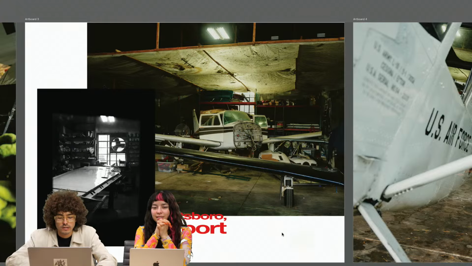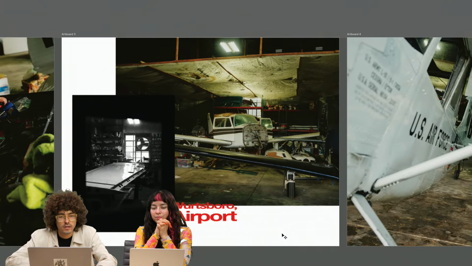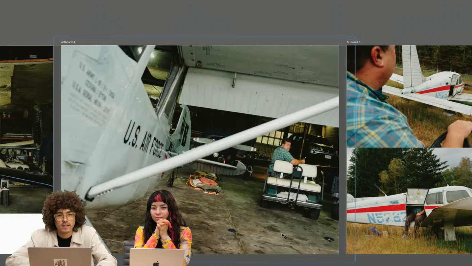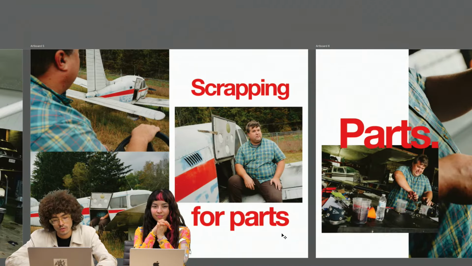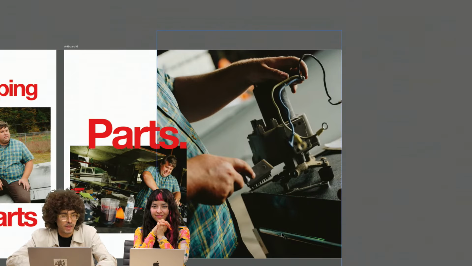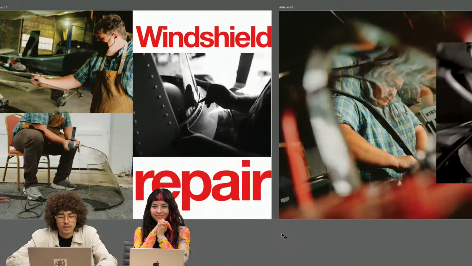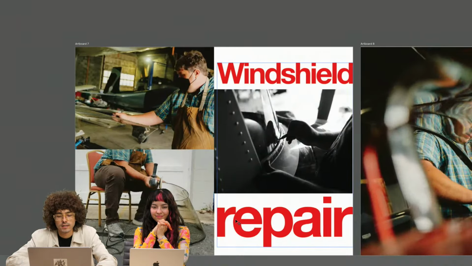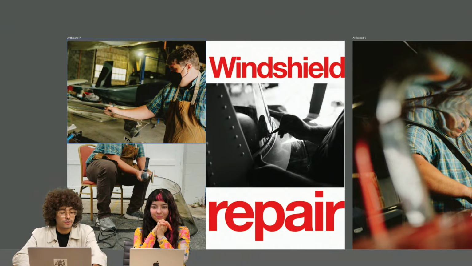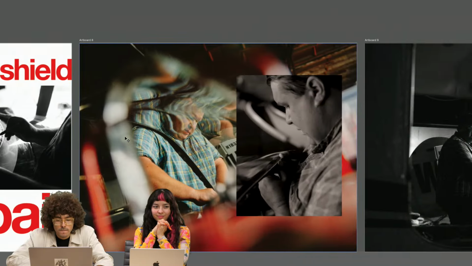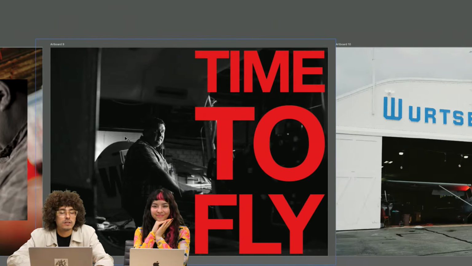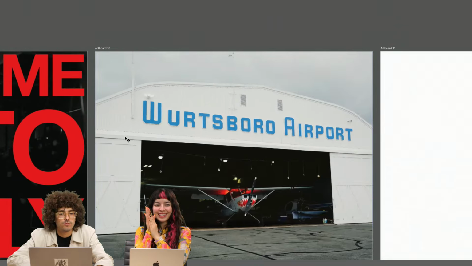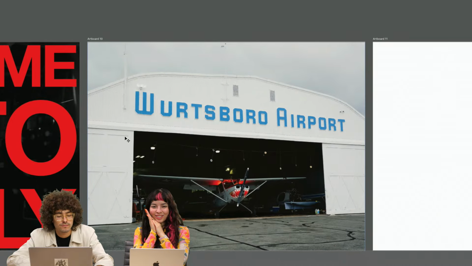Showcasing some of the airport, showcasing the action of going and retrieving more tools or parts, scrapping for parts, and then actually having the parts. Then coming down here, realizing it's not just parts he needed, but also the windshield he needed to repair, applying that windshield, making adjustments, and now it is time to fly, and he is ready to go.